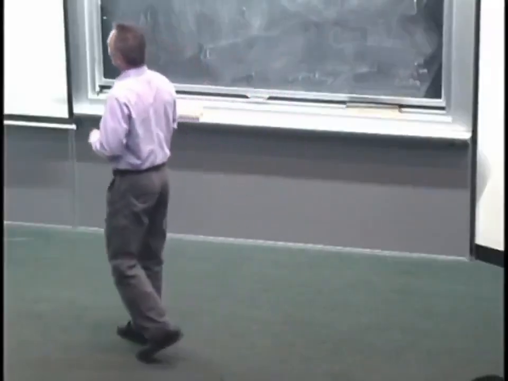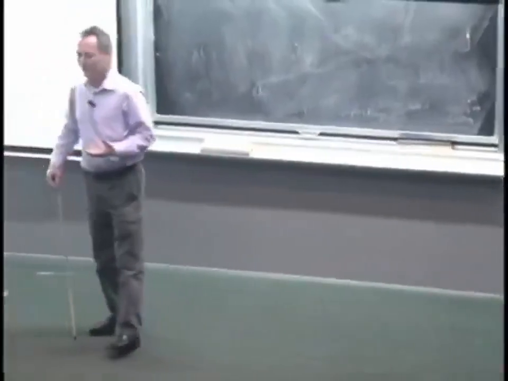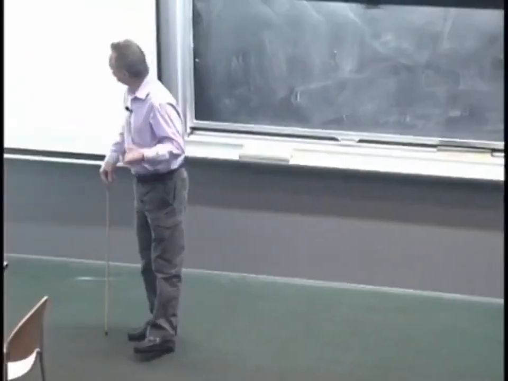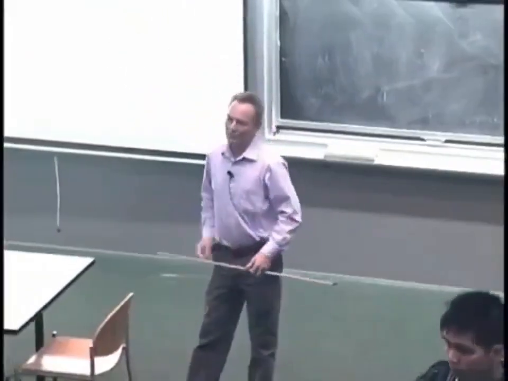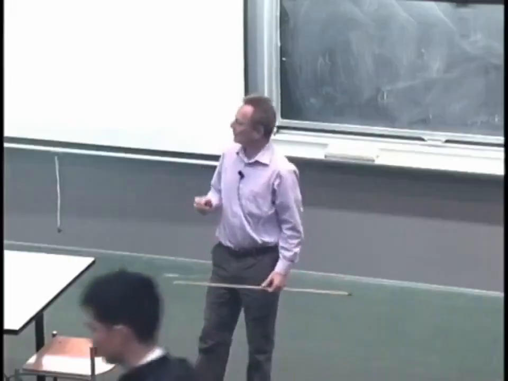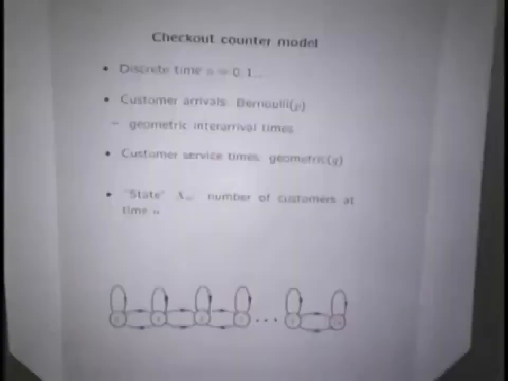Another way of thinking about the arrival process, that's not how it happens, but it's helpful mathematically, is to think of someone who's flipping a coin with a bias equal to p, and whenever the coin lands heads, then a customer arrives.